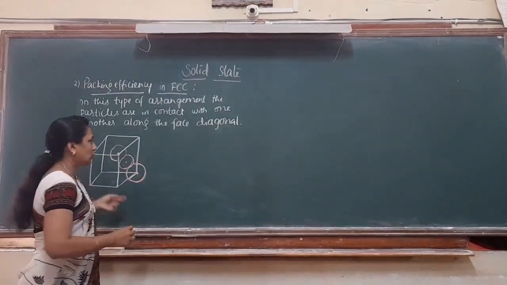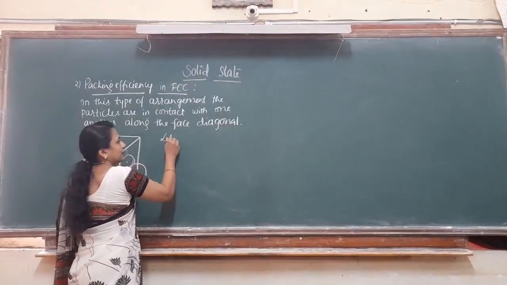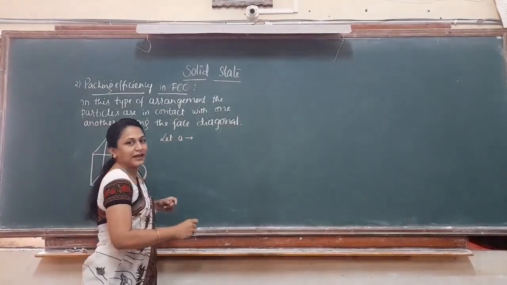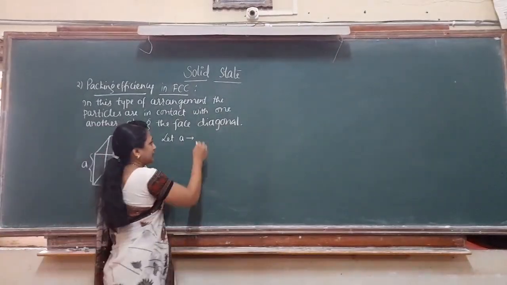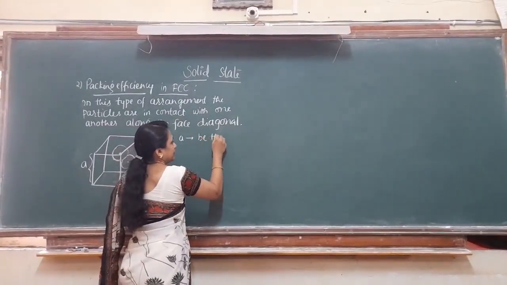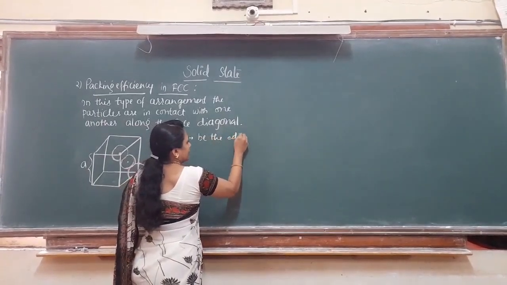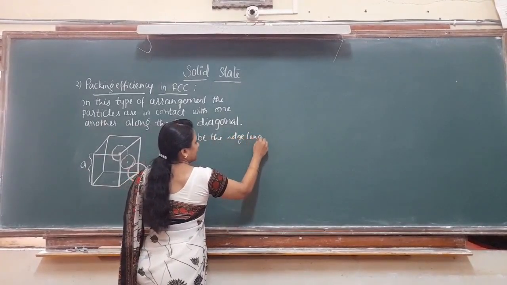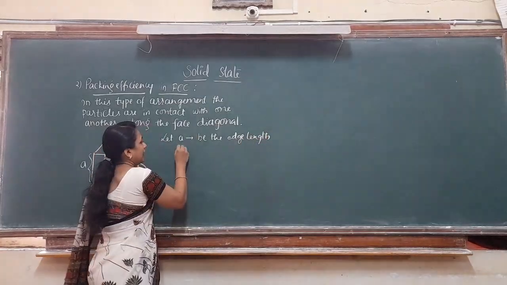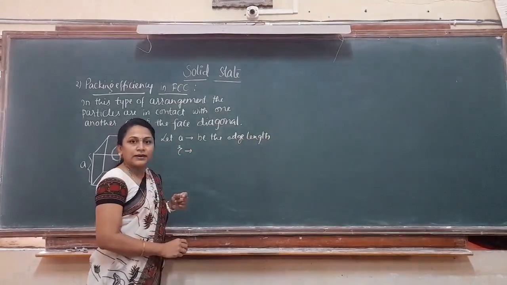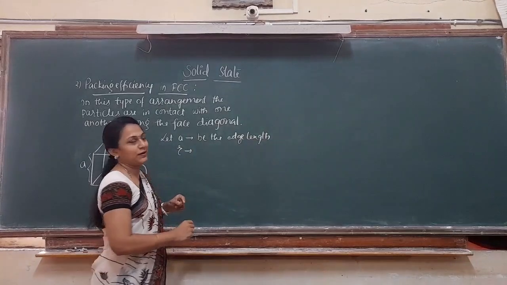In this case, let A be the edge length. This is A, edge length of the unit cell, and R be the radius of each sphere.